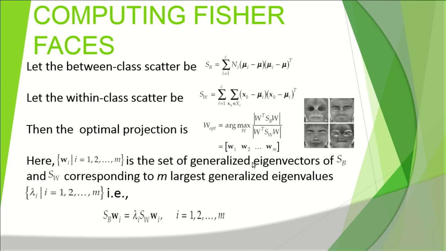It is interesting to note that m is less than n, which is the number of images. Hence, we can say that the dimensions of the image space have been reduced. The relationship between the eigenvectors W sub 1, W sub 2, and so on, W sub m, and the generalized eigenvalues gamma sub i can be given by this formula over here.